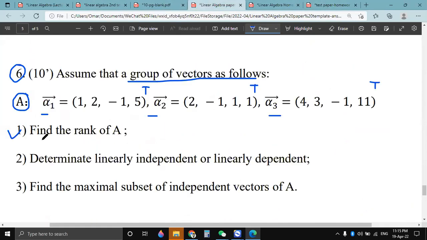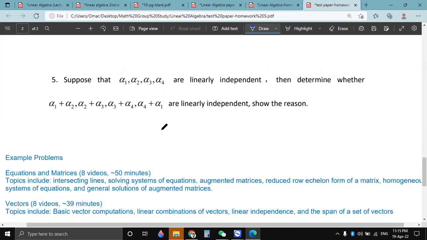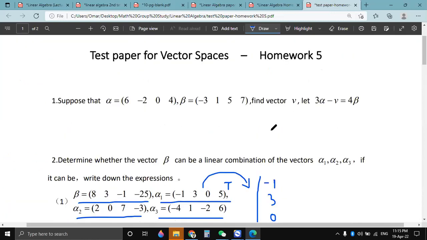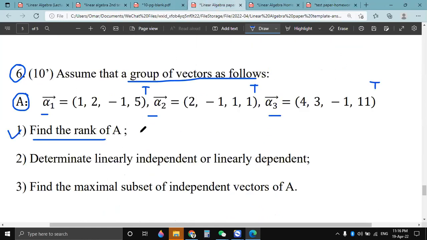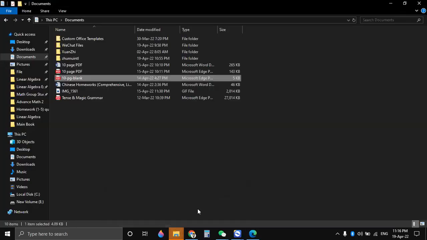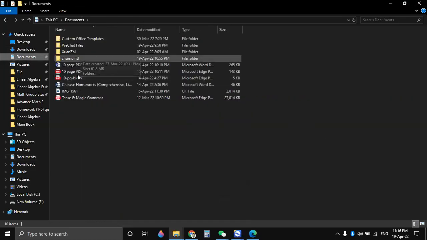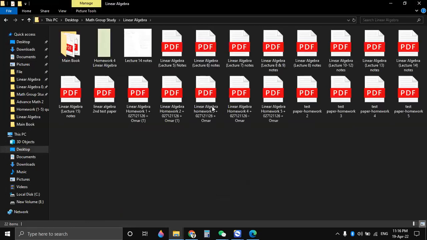The question is find the rank of A, right? So to find the rank of a matrix, we have to reduce the row, or we have to make it to RREF. And then, okay, where is that homework? Maybe in homework 3. Let's see.